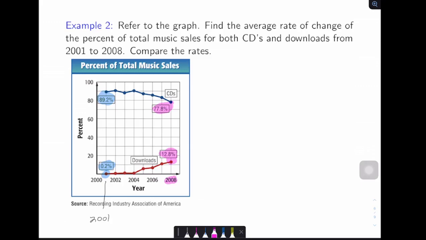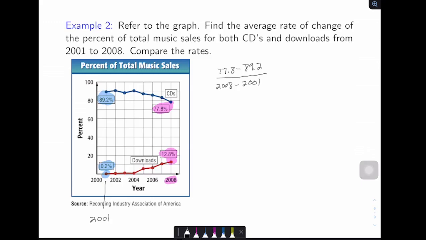So let's do this. For CDs, we're going to have 77.8 minus 89.2 all over 2008 minus 2001.